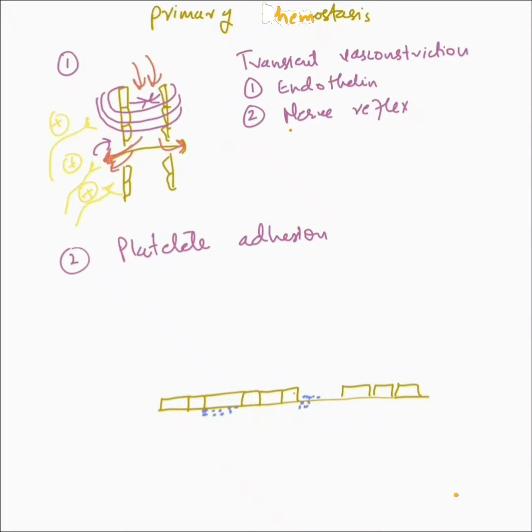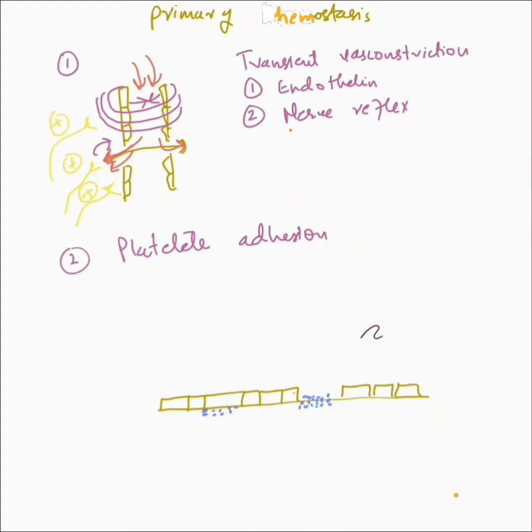So when this area is damaged, the subendothelial collagen and the von Willebrand factor are exposed, and we know that in the circulation we have platelets floating around along with the other cells and all the content of the blood.